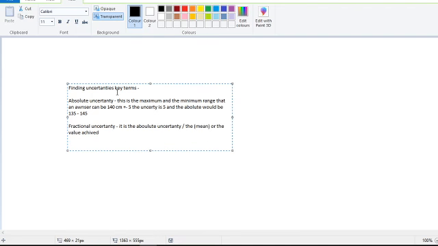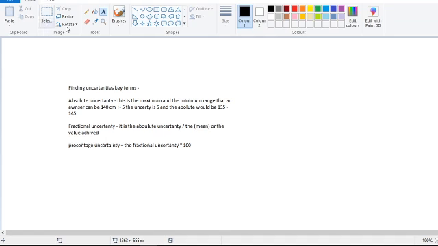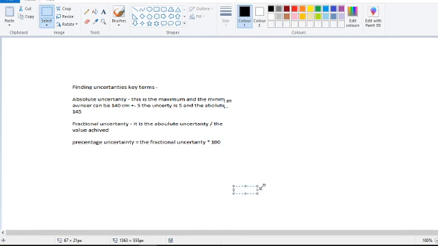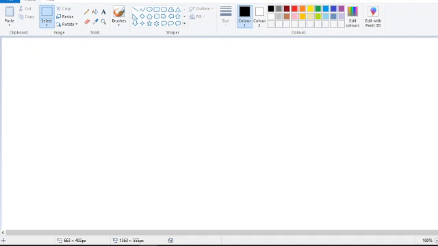So it's literally the uncertainty divided by the value you've gotten, and the percentage uncertainty equals the fractional uncertainty times 100. So that's very simple, very self-explanatory. It's literally the fractional, and then you times that by 100.